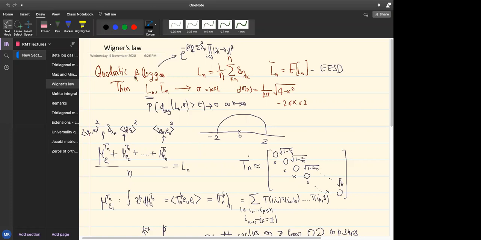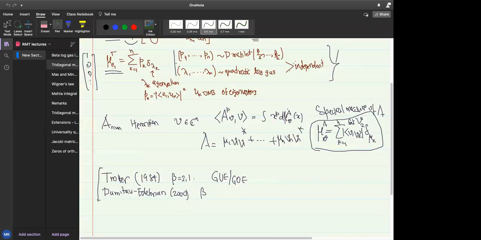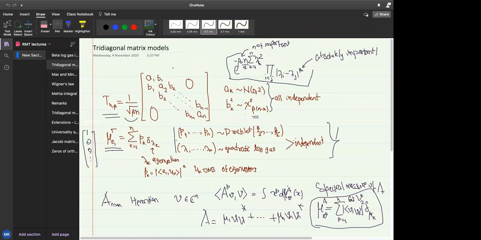So yesterday, just quickly, we introduced the log gas. I introduced the log gas, which was this joint density of particles, e to the minus beta n square h of lambda. And for the most part, we are taking the quadratic one. The main point was this tridiagonal matrix, which is supposed to be useful for that.